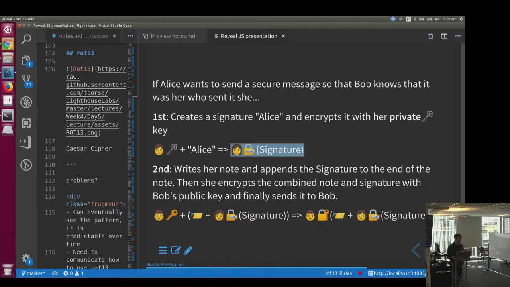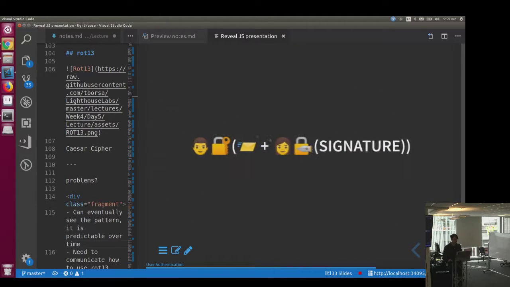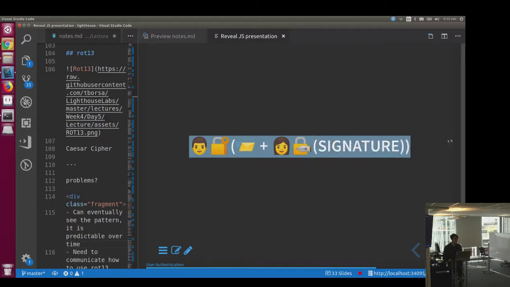This is the communication part of it, or data that she's passing. And she encrypts the whole thing with Bob's public key. Because she knows if she encrypts it with Bob's public key, he's the only one who will be able to decrypt it. We get her signature and the note all encrypted with Bob's public key.